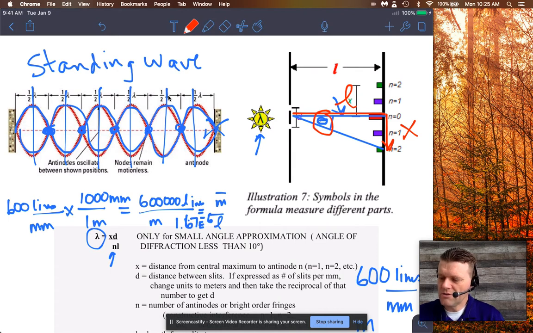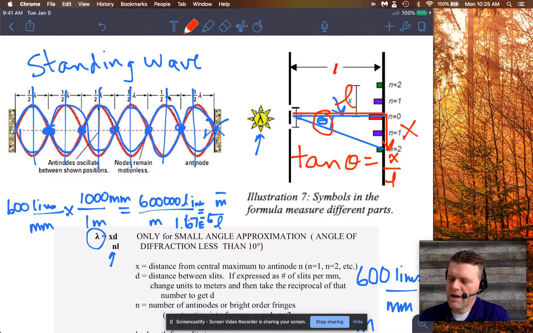If we were looking for this angle, we could find it by using tangent. Tangent of theta would equal x over L, opposite over adjacent. It turns out that for really small angles, tangent of theta, x over L, is the same as sine of theta.